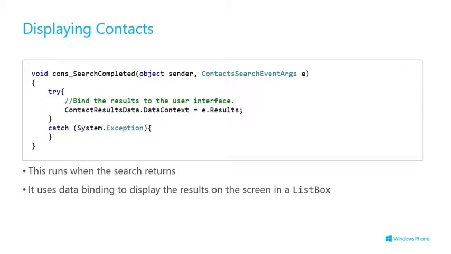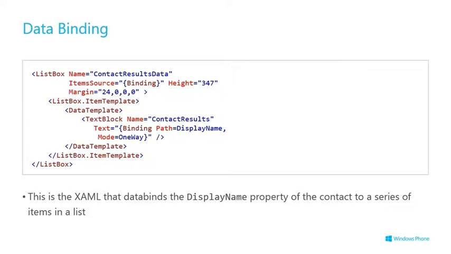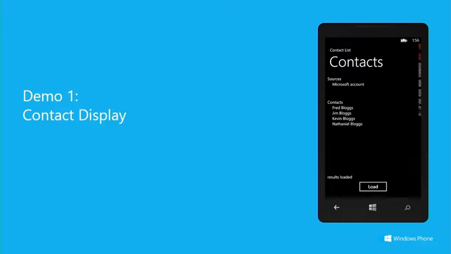You could display that on the screen or enumerate that collection to do whatever you want with that data. In this particular example I'm about to show you, we simply show the display name of each of those contact objects using a data template in a list box. So, very simple first demo.